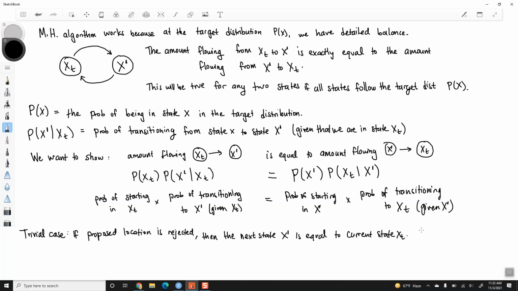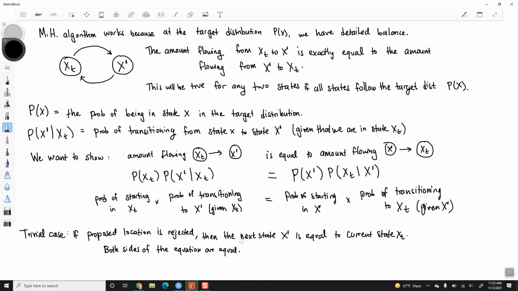So our next state is our current state, and so both sides of the equation are equal. There's effectively no flowing, so you don't have to worry about whether there is balance between this state and the next state. There's no flow. So that's the trivial case.